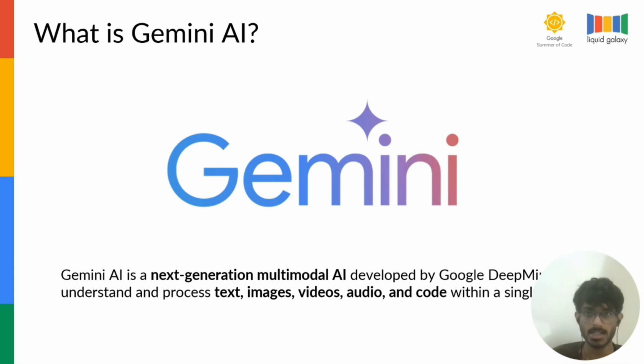With these powerful features, Gemini AI is transforming the way web development interacts with users, enabling a more dynamic and intelligent user experience. Now, let's take a look at the different versions of Gemini AI and their use cases in web development.